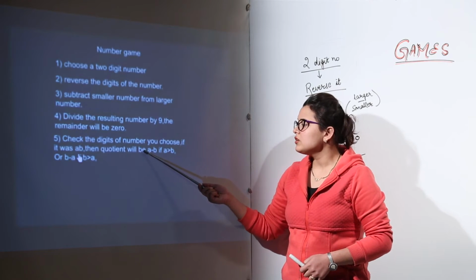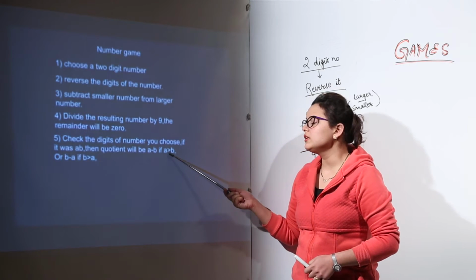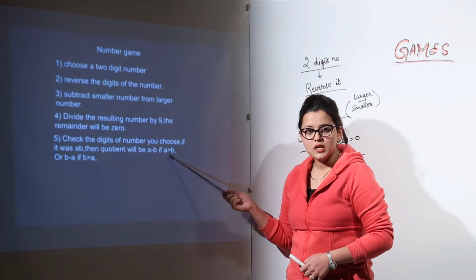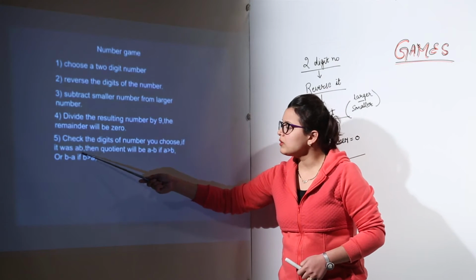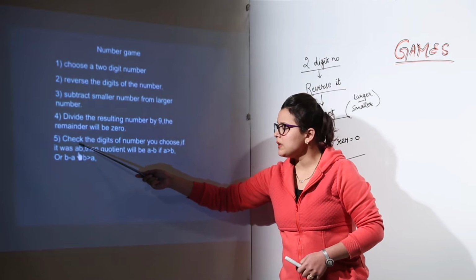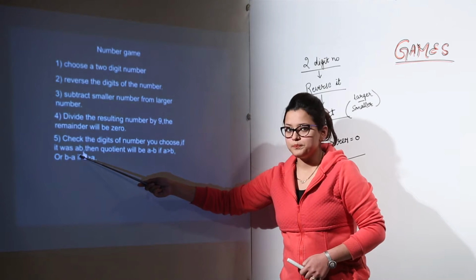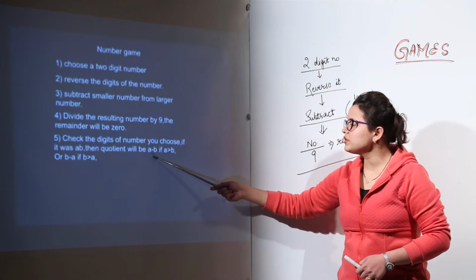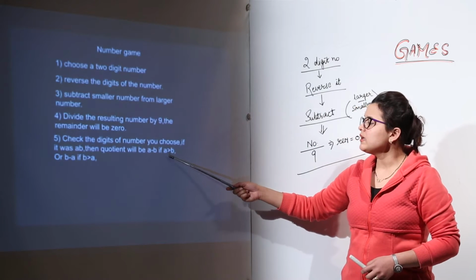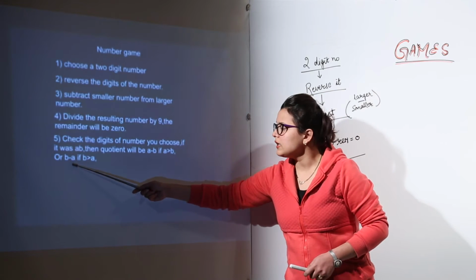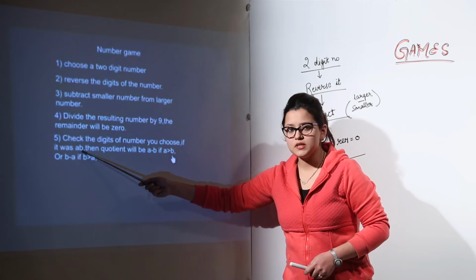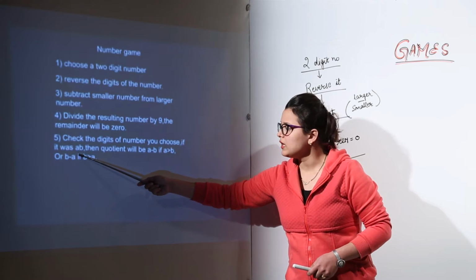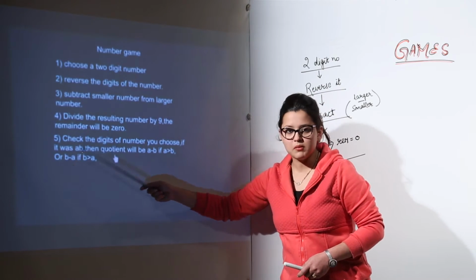That means your quotient will be dependent on the digits. If your number has been AB and A is greater than B, then your quotient is going to be A minus B. If B is greater than A, if the ones place digit is greater than A, then your quotient will be B minus A.